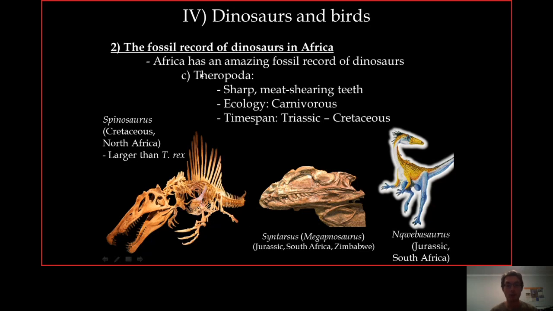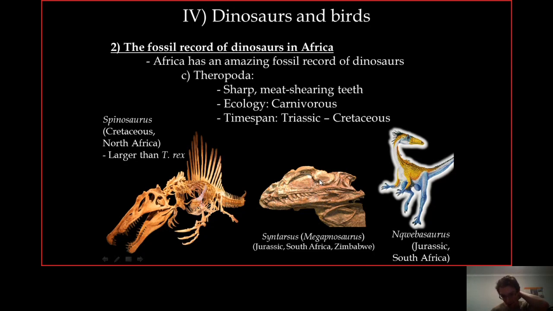And like all other theropods, it is characterized by its meat-shearing teeth. Very sharp, just like Syntarsus here, for example, from South Africa, you have recurved, very sharp meat-shearing teeth. And all theropods have this kind of teeth.